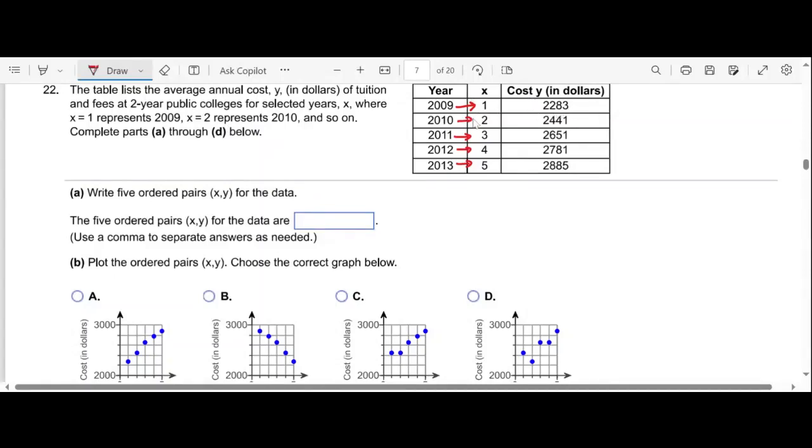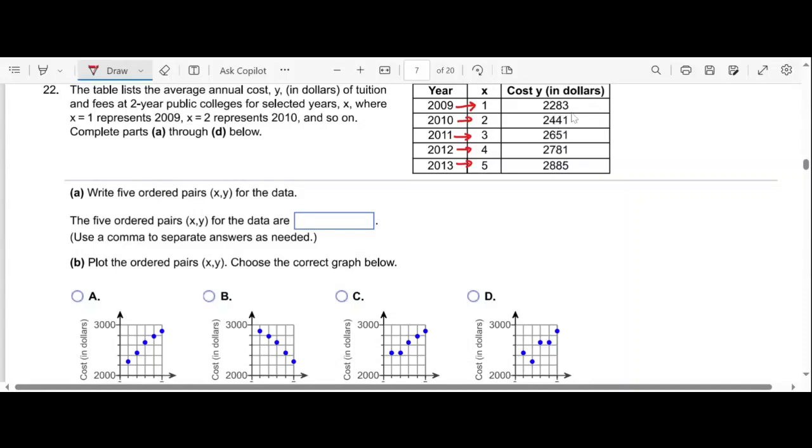So this is a cost. If you are a student in the university, you will have to spend $2,283 in a 2-year public college. Of course, the amount is increasing. It's increasing here from 2,283 to 2,441.